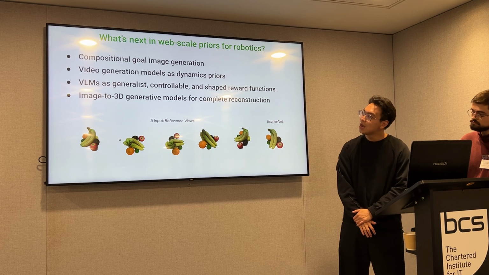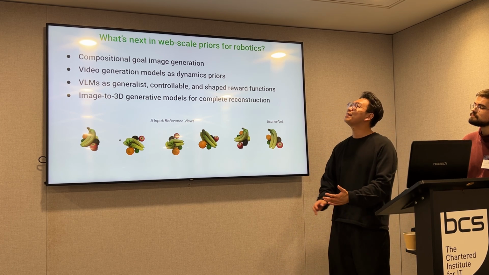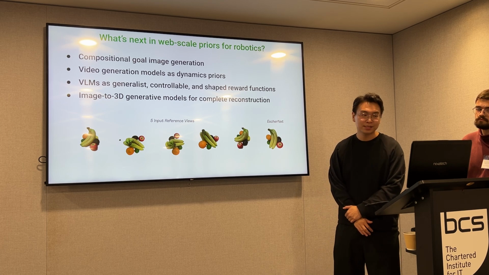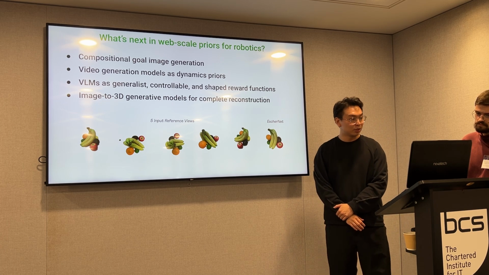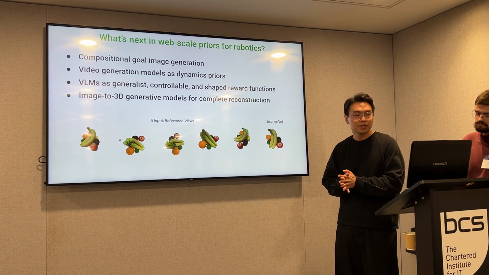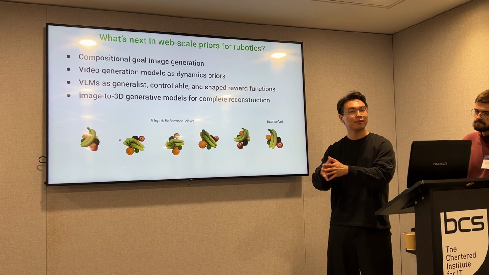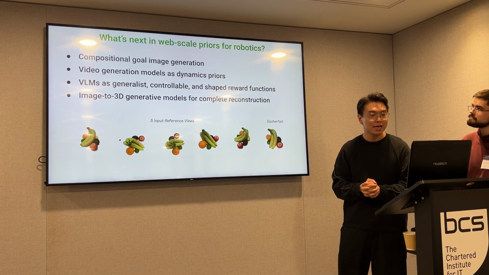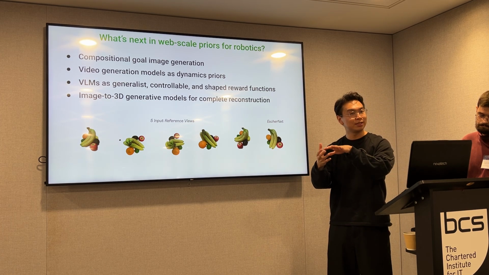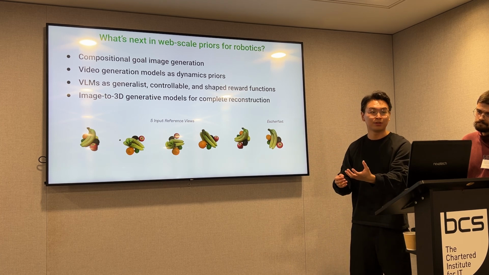All right, so last, I want to give some insights about what's next in web-scale priors for robotics. So here are some bullet points. First of all, rather than directly predicting the goal pose, maybe we can somehow generate a compositional goal image based on the initial scene and relevant objects, then match the moved object as in DALL-E-Bot to define the goal pose.